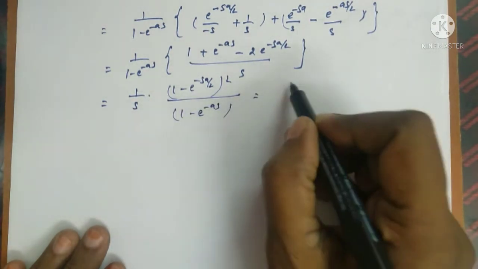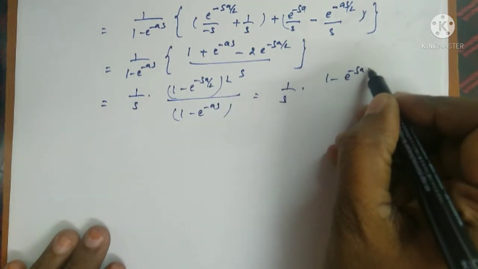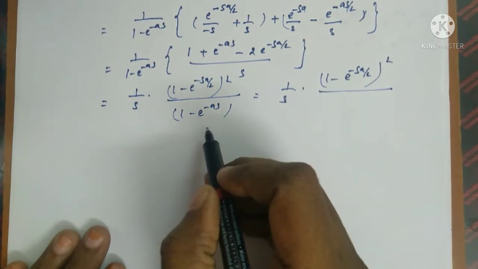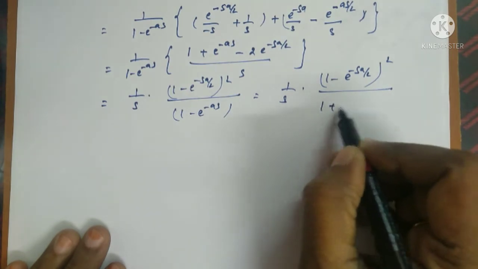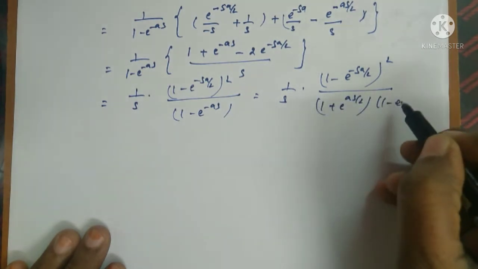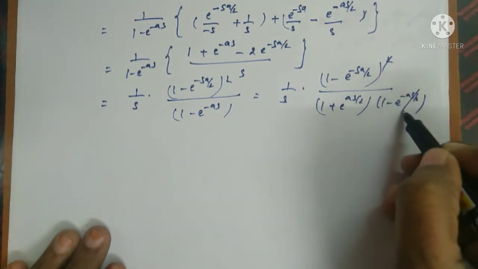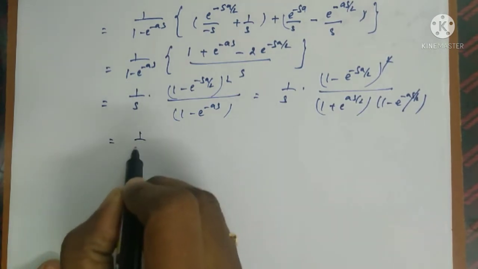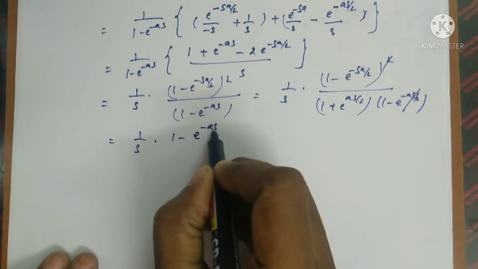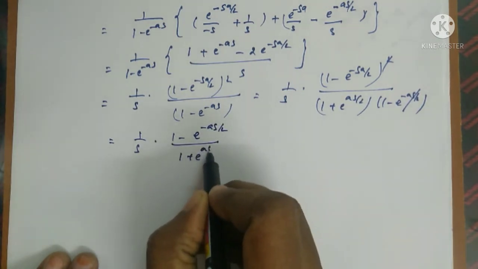Okay, and this can be written as 1 by s into 1 minus e power minus sa by 2 the whole square. This is of the form a plus b into a minus b. So 1 plus e power as by 2 into 1 minus e power as by 2. So now we can cancel these two terms. So write the remaining 1 by s into 1 minus e power minus as by 2 divided by 1 plus e power as by 2.